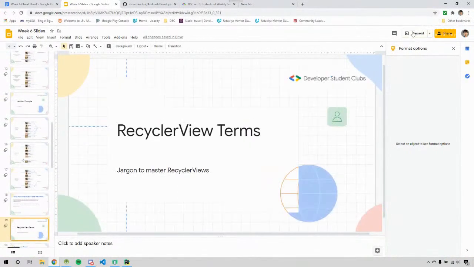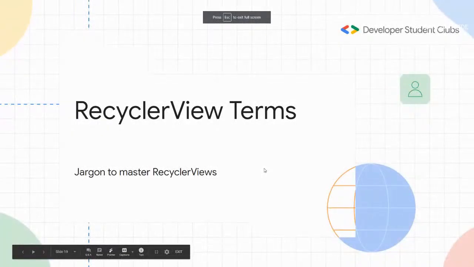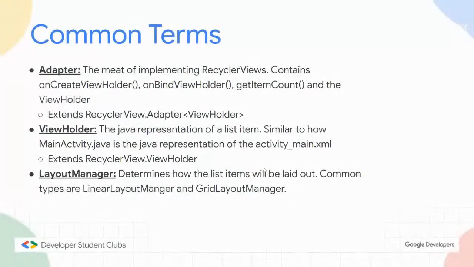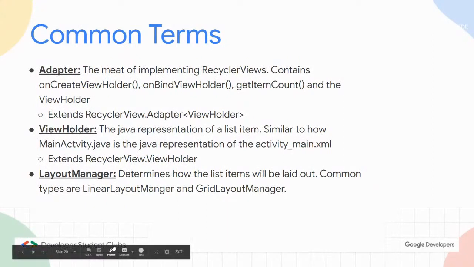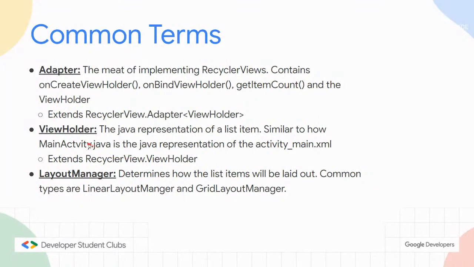Actually, before we even begin, a few terms that we'll briefly go over, and then we'll go over in depth in our code. So a few terms to master recycler views. These are 3 important terms that we're going to use throughout our app: adapter, view holder, and layout manager. So adapter is the main meat of our recycler view implementation.